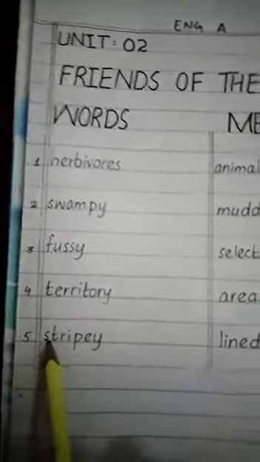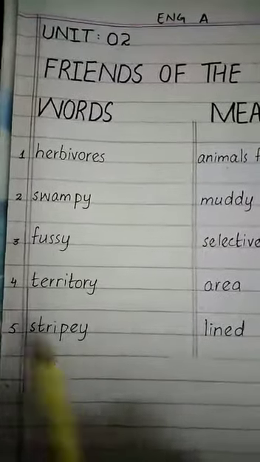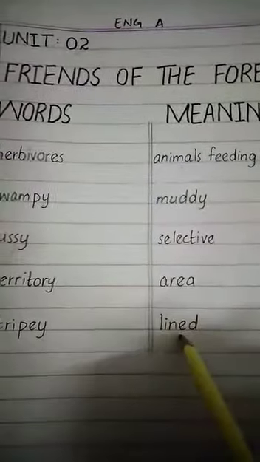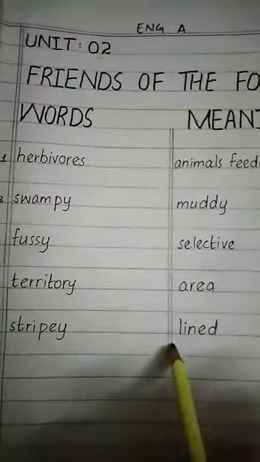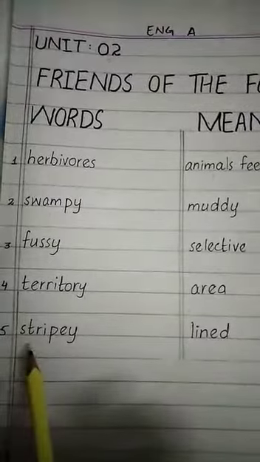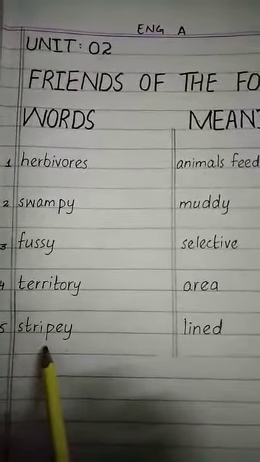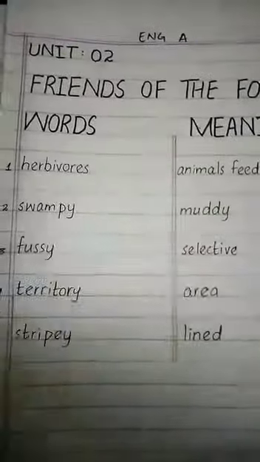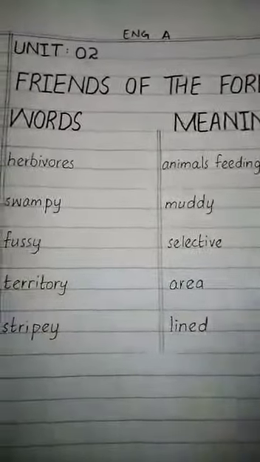Number 5th word is strippy. And the meaning is lined. Strippy, lined. As we have read this word in our lesson, badger has a strippy face. You have seen those black and white strips or lines on their faces.